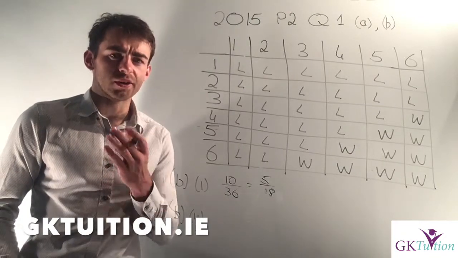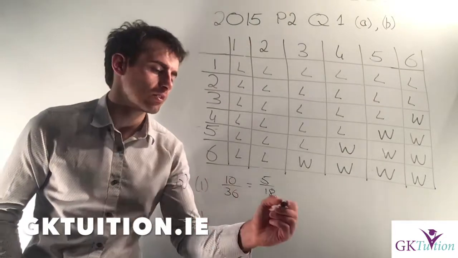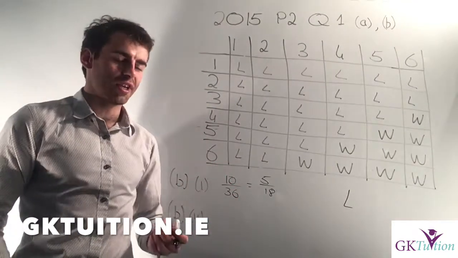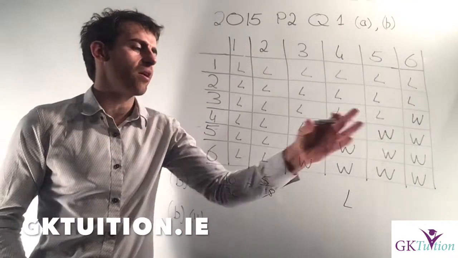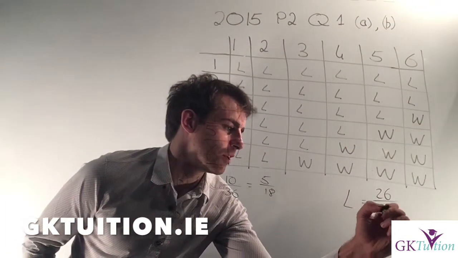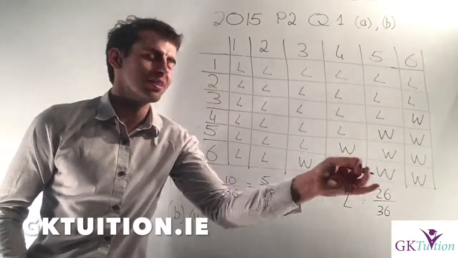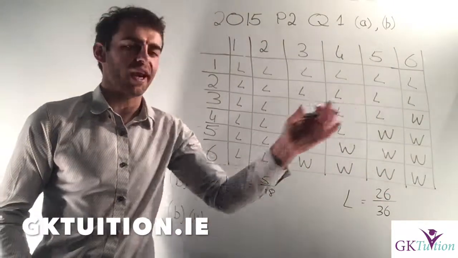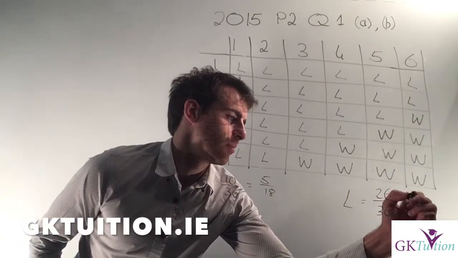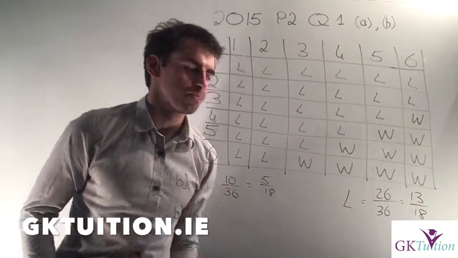First thing we need to do here is work out what is the probability of a loss. So I've already worked out that the probability of a win is 10 over 36. So clearly if 10 of the scenarios are wins, then 26 out of 36 are losses. Now 26 over 36 is the same as 13 over 18.